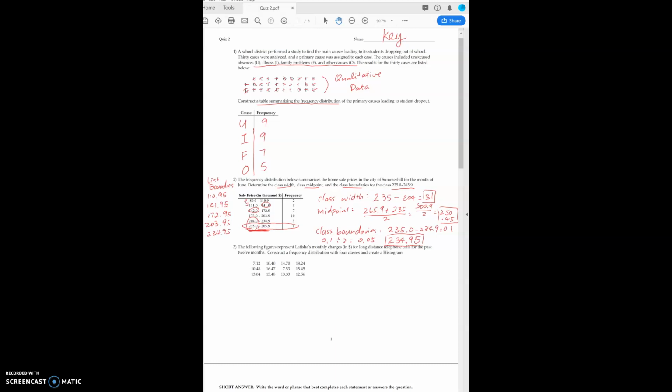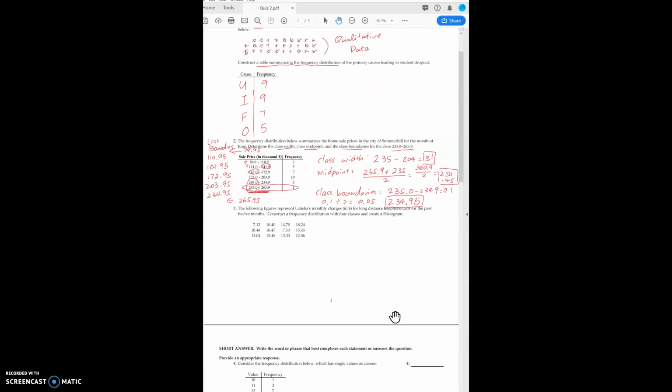Depending on the question, depending on the graph, you can also include 79.95 for the lowest one, which is all the way before the 80.0, and 265.95, which is all the way to the end. But those two are more optional. Okay, so that's number 2.